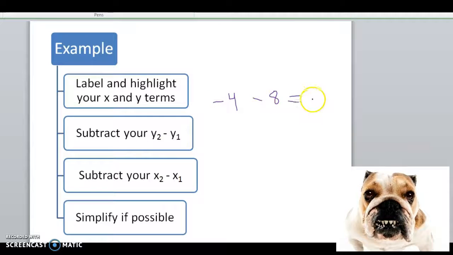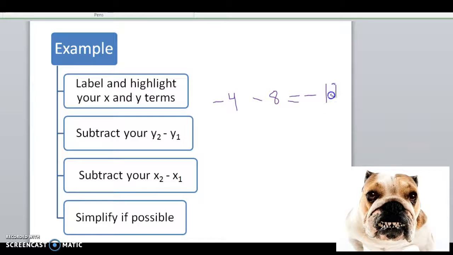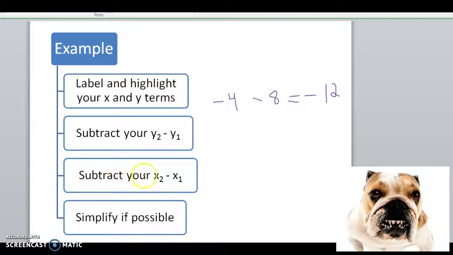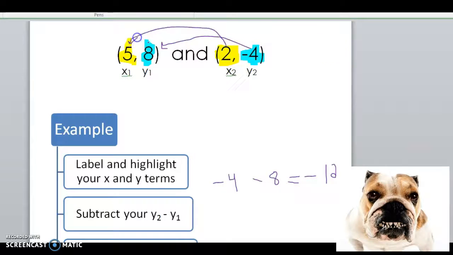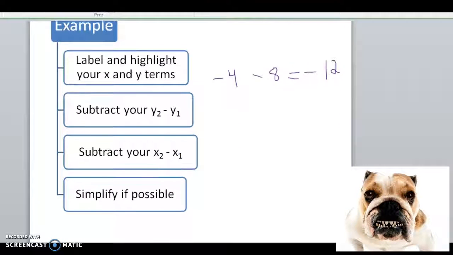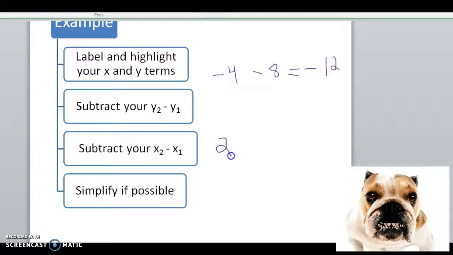Negative 4 minus 8 gives us negative 12. Next step, subtract your x values. So I'm going to take my x2 minus my x1, which is 2 minus 5, which gives me negative 3.